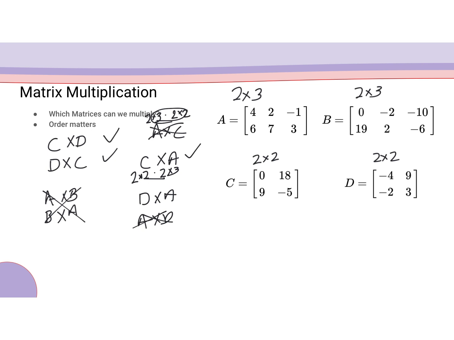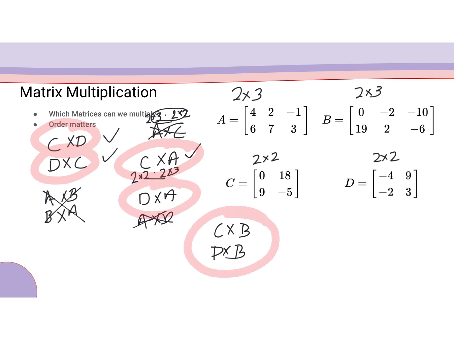And we can replace A and B in the same case. So of all of these matrices, there's only 6 products that we can multiply: C times D in any order, C times A, D times A specifically, or C or D times B in that specific order. So that's how we determine what we can multiply.